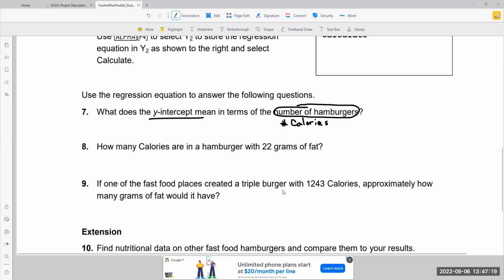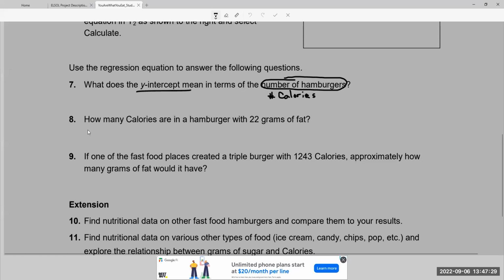Okay, so the final thing is number 9. Actually, before I go to number 9, let me go at number 8 in a different way. We could have simply, and I'm going to use the 5 and the 60, gosh, what was the equation there? Let me see if I remember what it was.